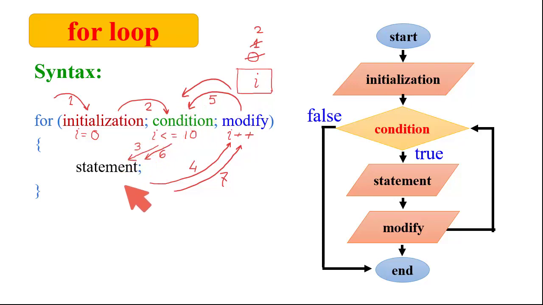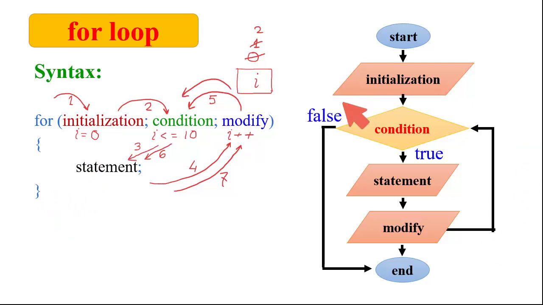So this loop of checking the condition, execution of statements, incrementing, and again checking the condition will continue till the condition is satisfied. When the condition is not satisfied, meaning the condition gives logic 0, then the execution will come out from the for loop. So this is how for loop works.